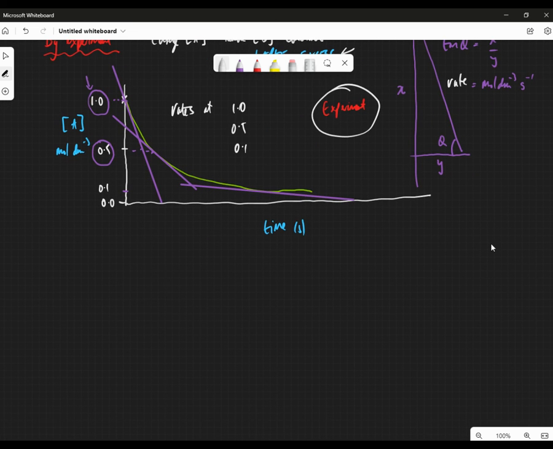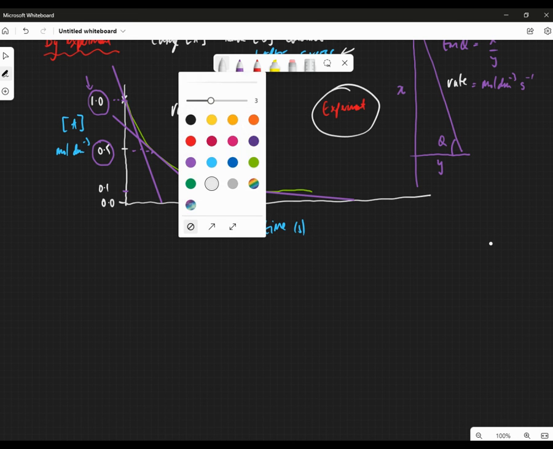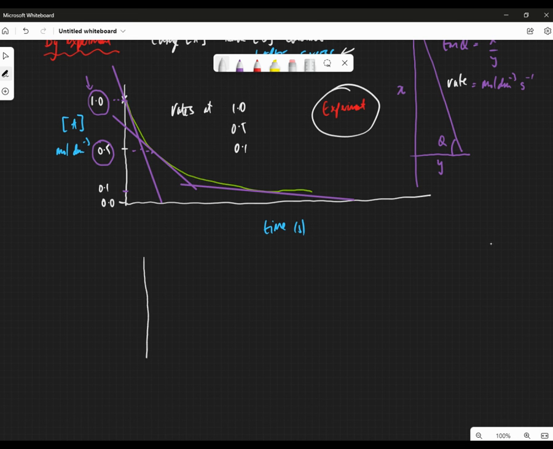Now, using those rates, I'm going to draw another graph. And this is my second graph. Now, this graph is going to be rate. These are the gradients I found from this graph up here. Rate, and the rate is going to have units moles per decimeter cubed per second.